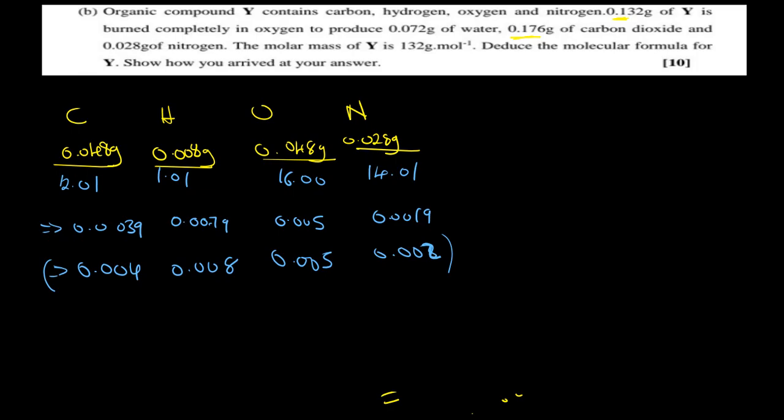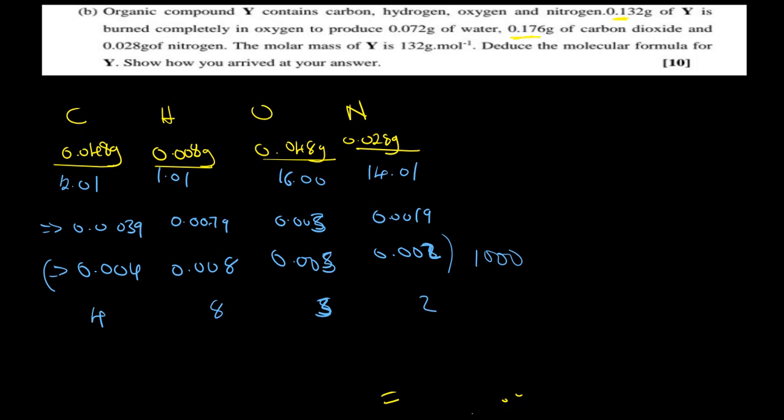The comparison is now on the 3 decimal place. Let me multiply by 1000. That will be 4, that will be 8, that will be 5, that will be 2. You get the point, there's no difference here. For oxygen, when you divide, it is 3. I didn't make a mistake.